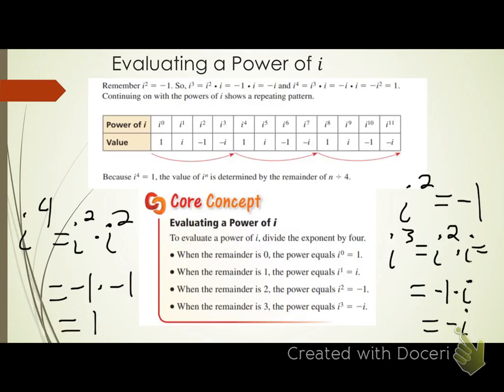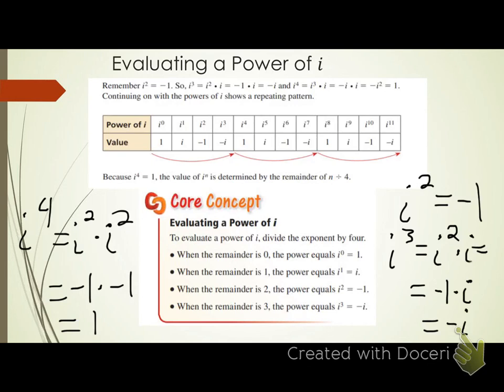When the remainder is 0, the power equals i to the 0 power, which is 1. If the remainder is 1, the power equals i to the first power, which equals i. If the remainder is 2, the power equals i to the second power, which is -1. If the remainder is 3, the power equals i to the third power, which is -i.